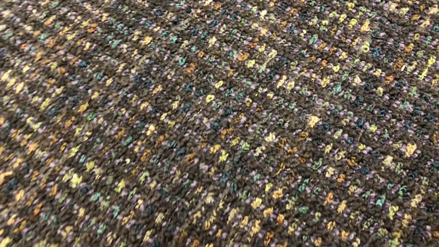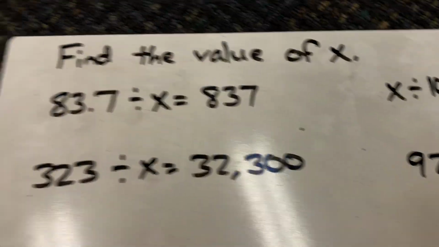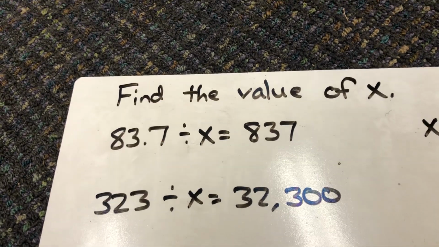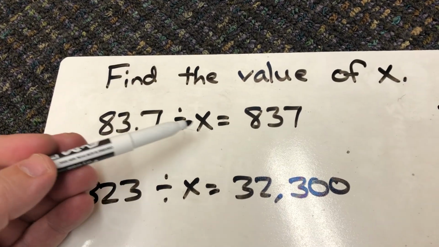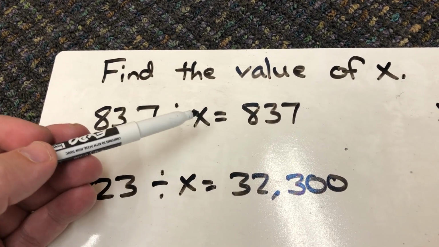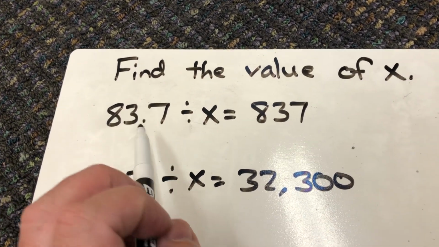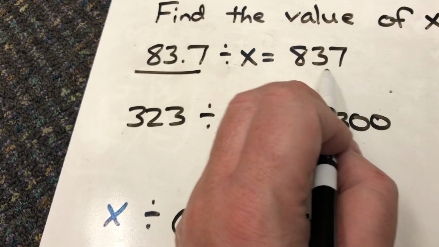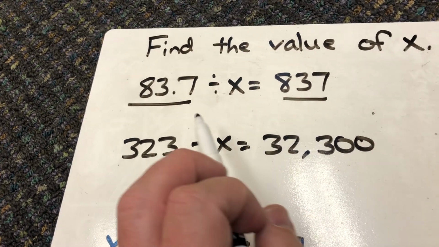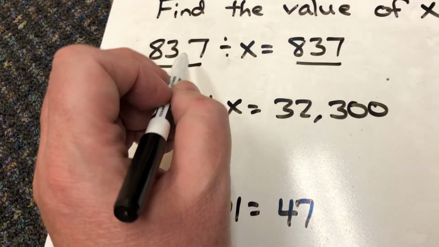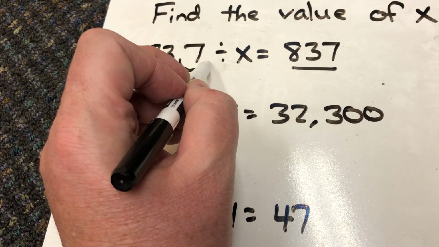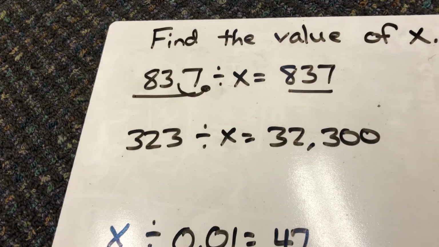Let's talk about the second part here. The second part tells me to find the value of x. Well, 83 7/10 divided by x equals 837. So I'm starting here and I'm ending here. So I can see that my decimal moved one place to the right.